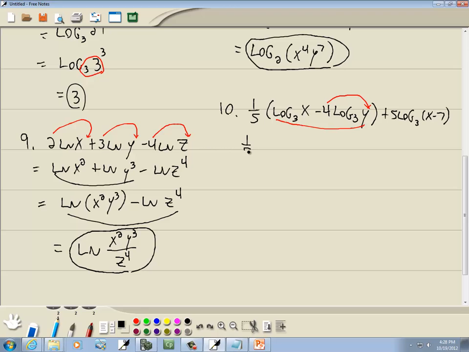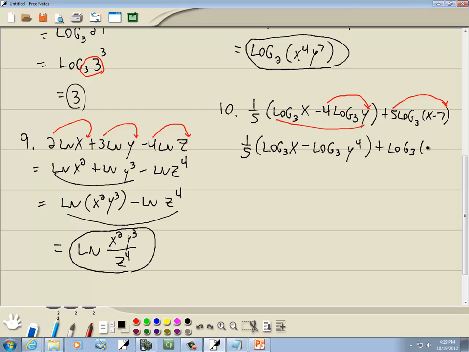So this is going to become 1/5 log x minus log y to the 4th. Now I know eventually I'm going to have to put the power on this one anyway, so let me go ahead and do it, because we can't use any of the other properties unless there's no number in front of the logs.